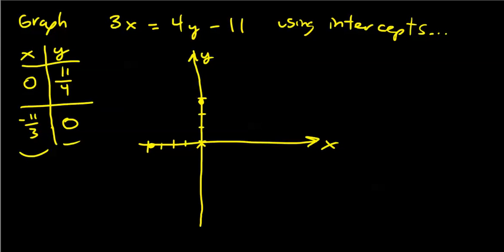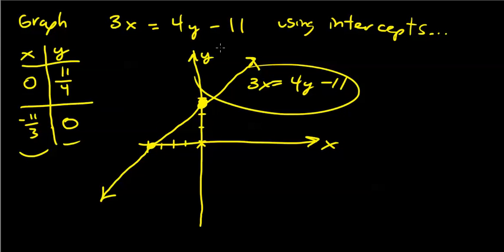Alright, so I claim that's good enough here, according to the instructions of our problem in the text. We are told to use the intercepts. I've done my best to graph the fractional coordinates of those intercepts, and I will label the line, of course, with the equation that generates it. Okay?